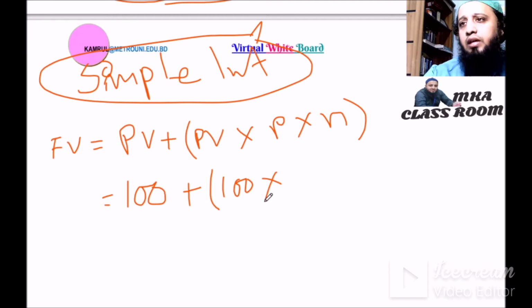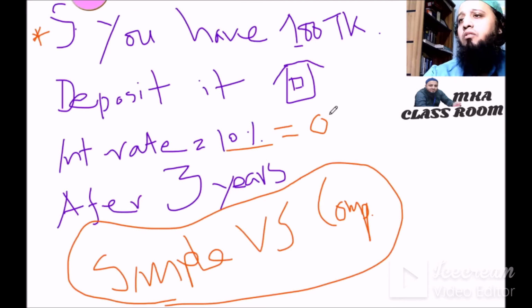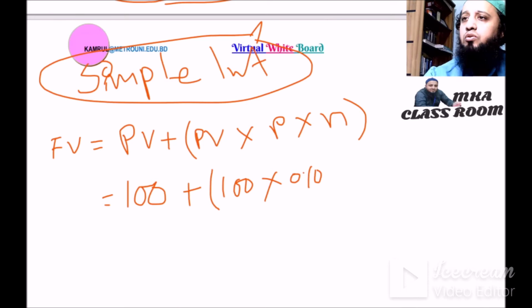We have to show this 10% in decimal format, that means 0.10, and the number of periods. After 3 years, what will happen to our 100 taka? So the number of periods is 3.